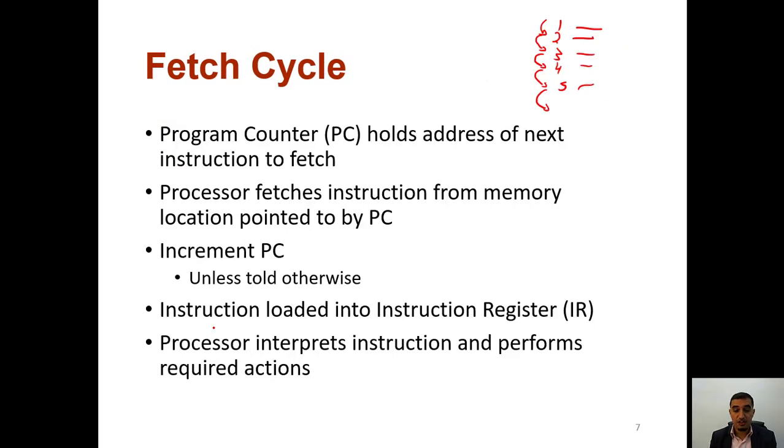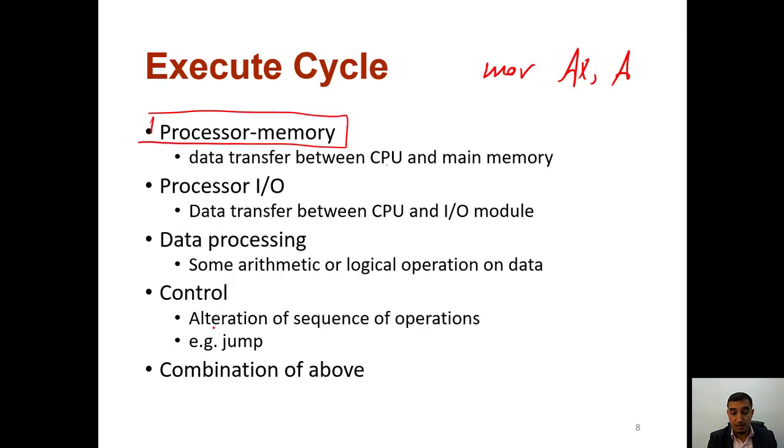Not like fetching, where I will say, okay, go to the program counter, fetch the instruction, increment the instruction, decode the instruction, send it to the execution stage. Inside the execution stage, it all depends on the type of the instruction.